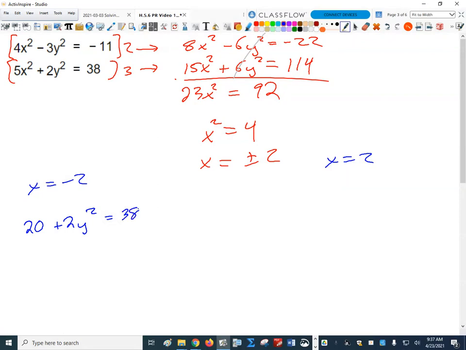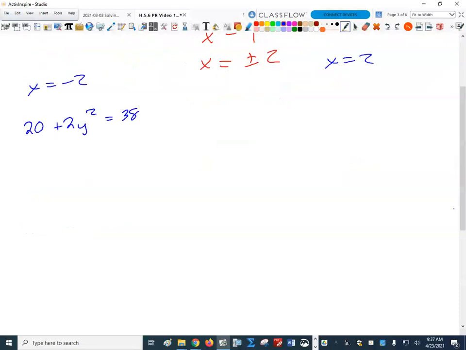And then what are the steps to solve for y there? Subtract 20 and divide by 2. And what's that going to give me? 9. 18 divided by 2 is going to give me 9. So I'm going to get y equals plus or minus 3. Okay, good.